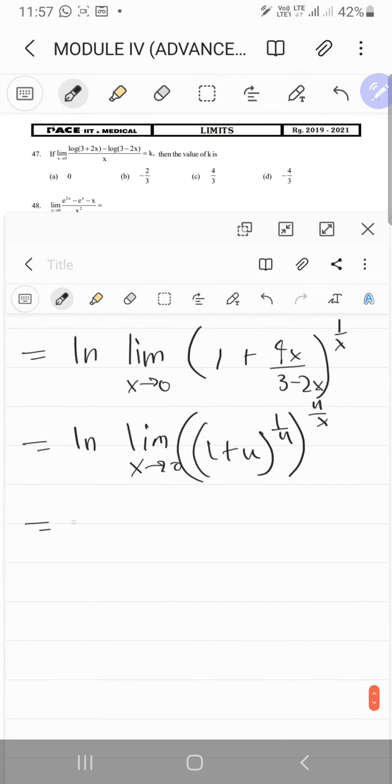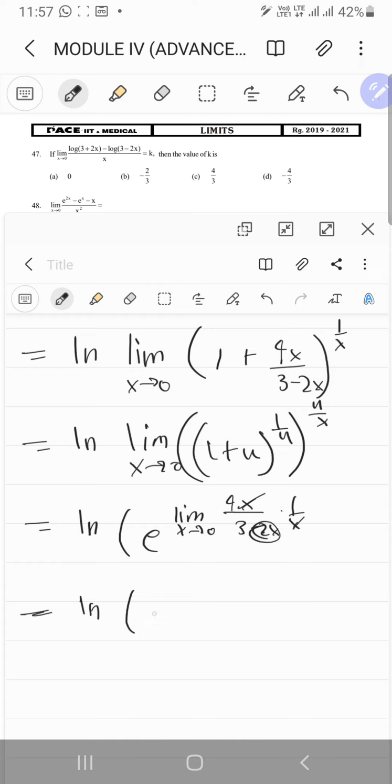Which is natural log of e raised to the limit as x approaches 0 of, what was u? u was this thing, 4x upon 3 minus 2x times 1 upon x. This cancels, so put x equal to 0 into this thing, so you just get 4 upon 3. This is natural log of e to the 4 upon 3, which, you guessed it, is just 4 upon 3. Nice.